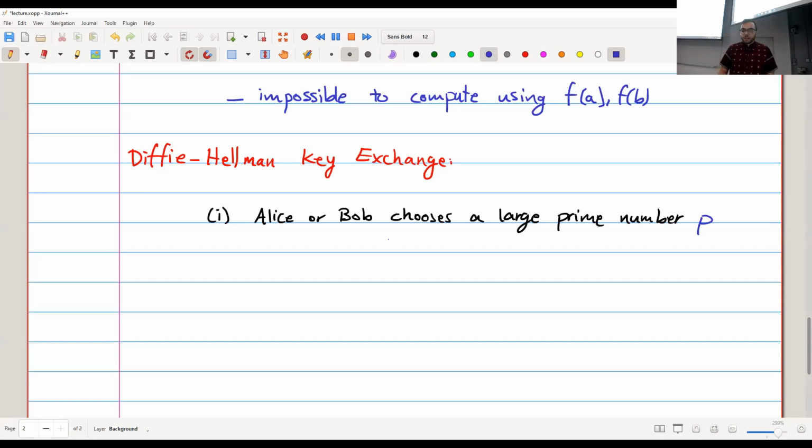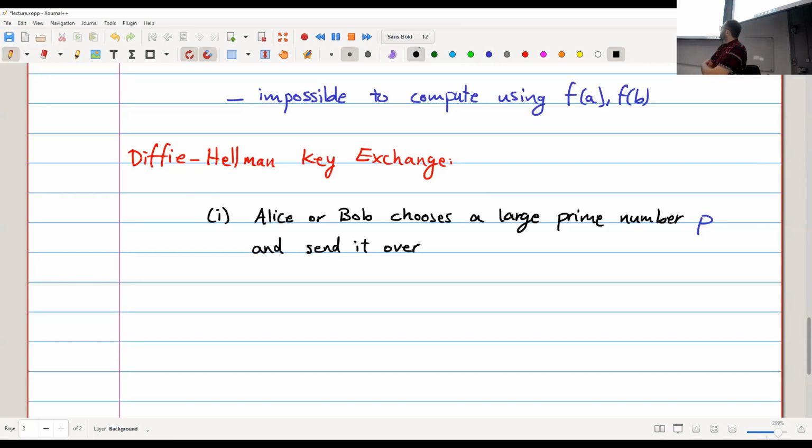So they choose a prime number P and they send it over to the other side. So now Eve knows my prime number as well.